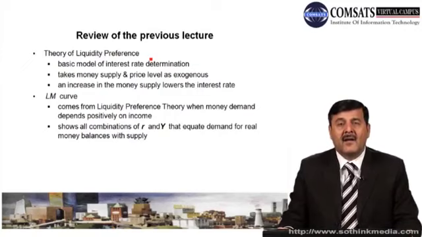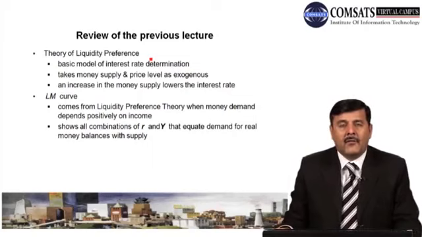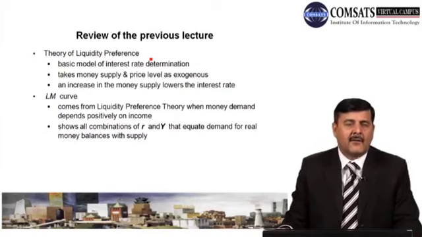We have also seen that whenever there is an increase in the money supply, this reduces the interest rate in the economy. By using liquidity preference theory, we have the money demand curve, the demand for real money balances curve, which is negatively sloped, where money demand is a function of the rate of interest and income.